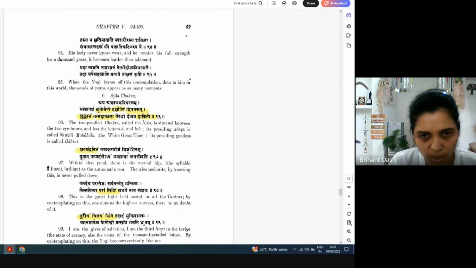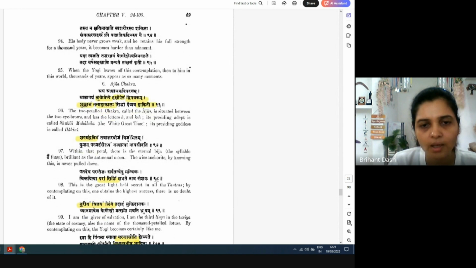That type of color is given over here. Other things are not important. And when you contemplate upon this, you will get the Param Siddhi, all the Siddhis included. If you do the Dhyan over the Agya Chakra, you will receive the Param Siddhi.